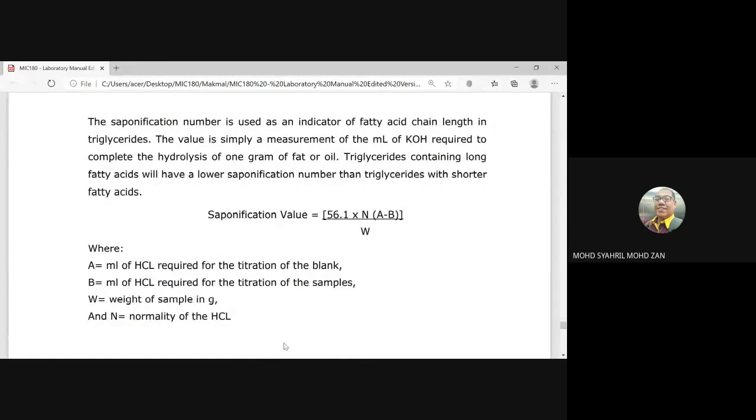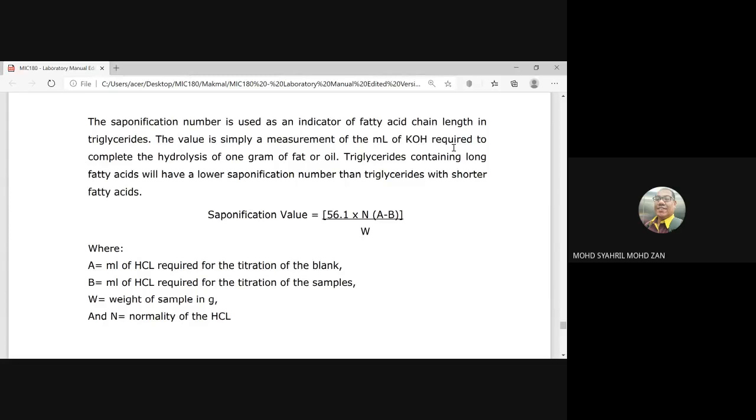Alright, continue. The saponification number is used as an indicator of fatty acid chain length. Let's say we have potassium. The potassium salt will combine with our fatty acid. From that fatty acid we can calculate how long the chains are in the triglyceride, how many carbons. The value is very simple: a measurement of the milliliters of KOH required to complete the hydrolysis of 1 gram of fats or oils.